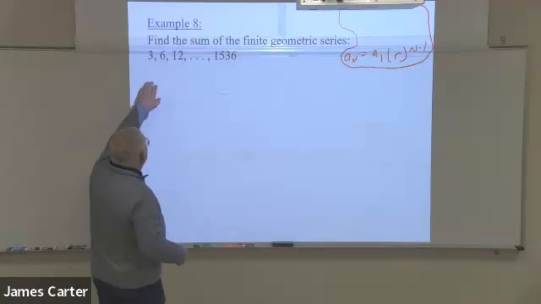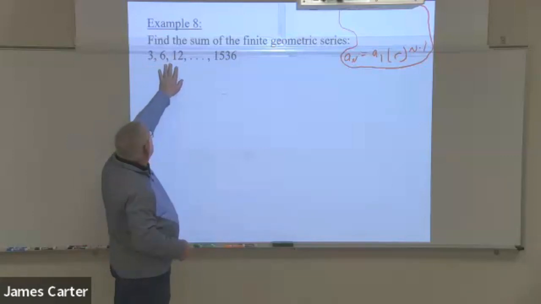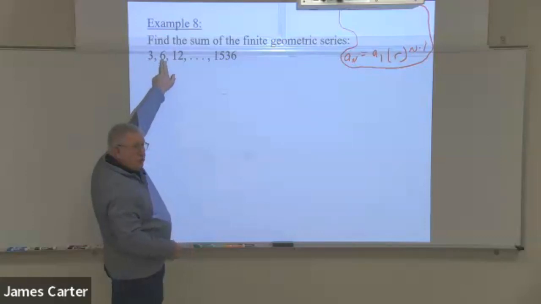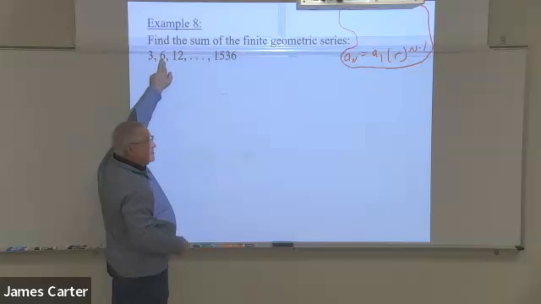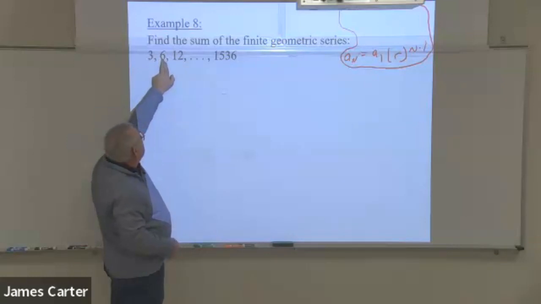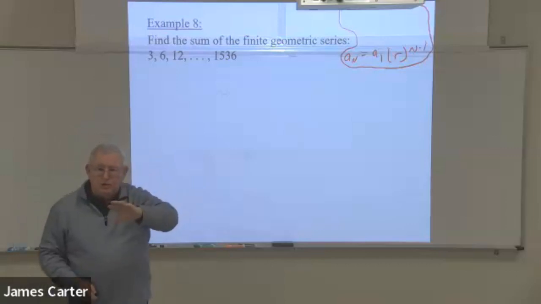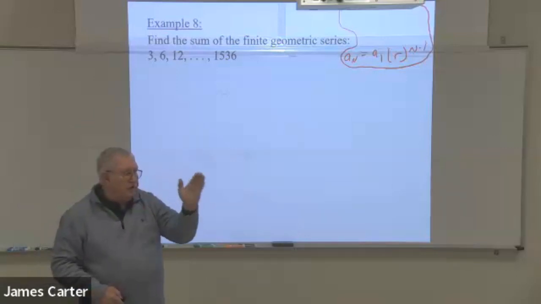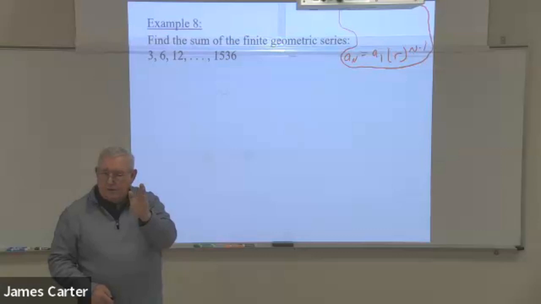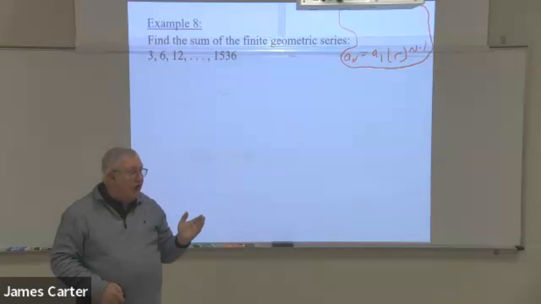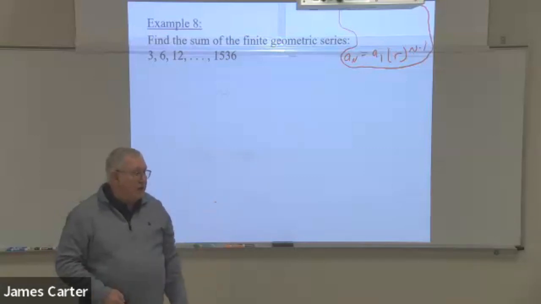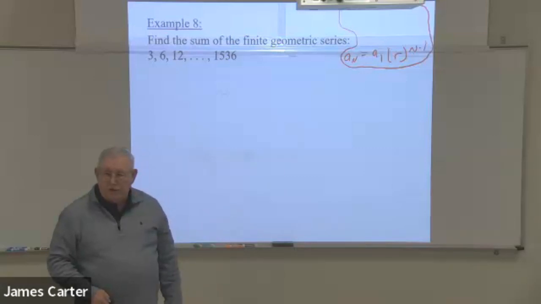In this case, we find our common ratio. How do we go from 3 to 6? Well, 6 divided by 3 is 2. 12 divided by 6 is 2. In arithmetic, we subtracted the first from the second. Here, we divide. We take the second divided by the first to get the common ratio.